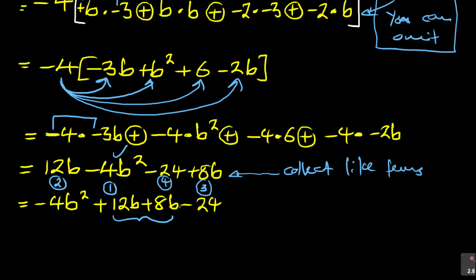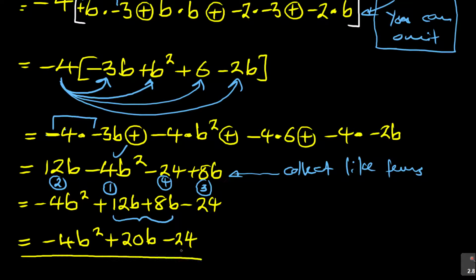The b and the b are similar. So it's plus 12b plus 8b. You can simply add them. 12 plus 8 is 20. So what you have is equal to minus 4b squared plus 20b minus 24. And this then becomes your final answer.